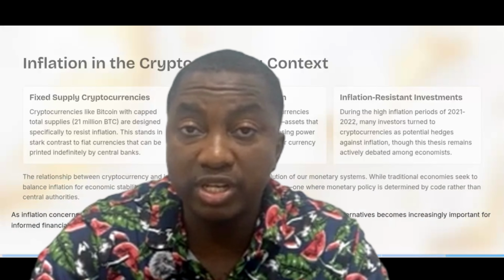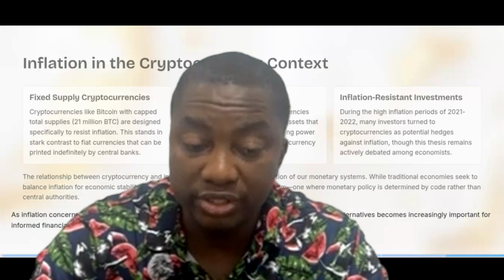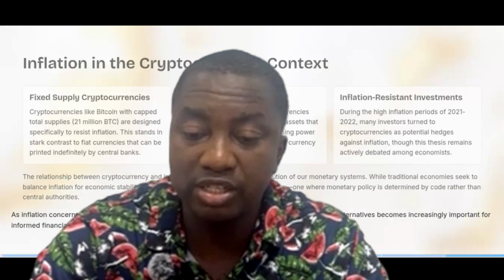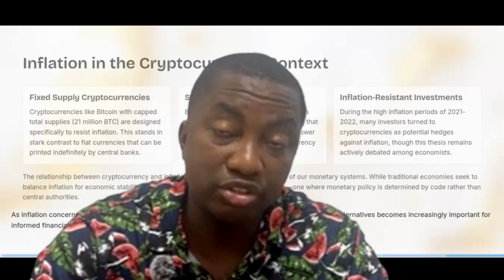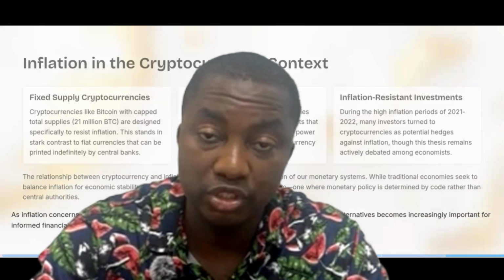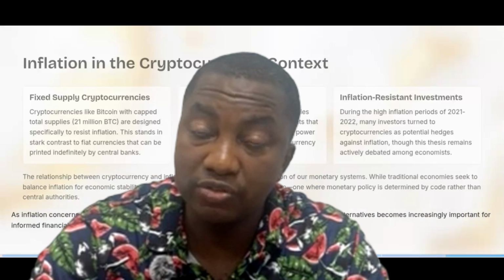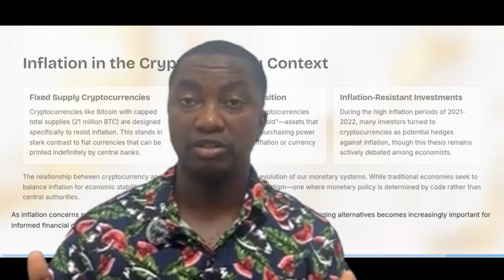As inflation concerns persist globally, understanding both traditional inflation dynamics and emerging alternatives becomes increasingly important for informed financial decision making. So that's why we said at the beginning that this isn't just for economics, this is for everybody who has a financial decision to make, and I hope that you got value from this.